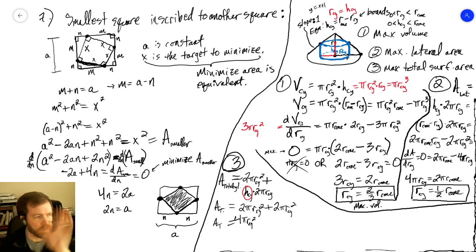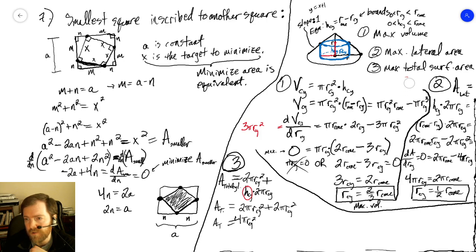Because, okay, never mind. The height of the cylinder and the radius of the cylinder being the same is only going to get you one particular solution. Because you can make this a really squashy cylinder, but it's really wide.